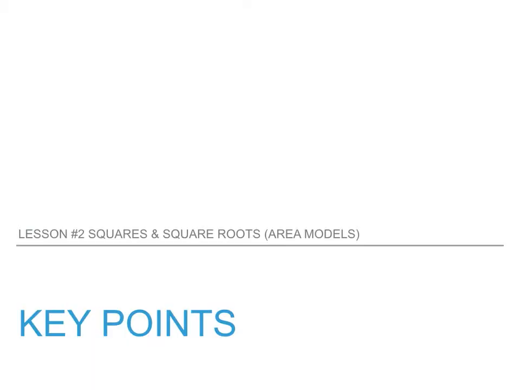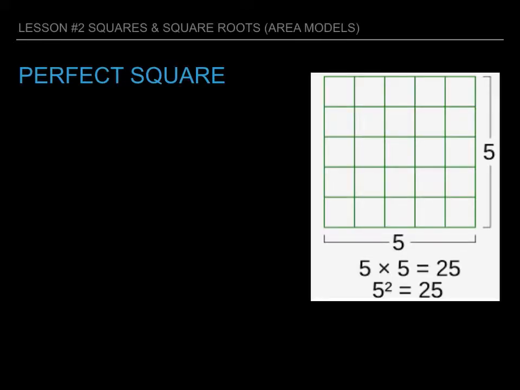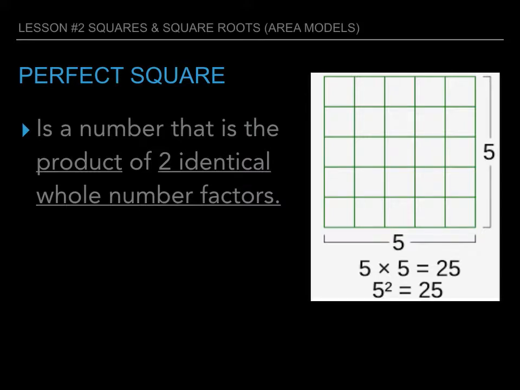So some of the key points that you've learned while we've been doing these exercises is firstly that a perfect square is a number that is the product of two identical whole number factors. So it's the result of a multiplication statement where the two numbers being multiplied are identical whole numbers.